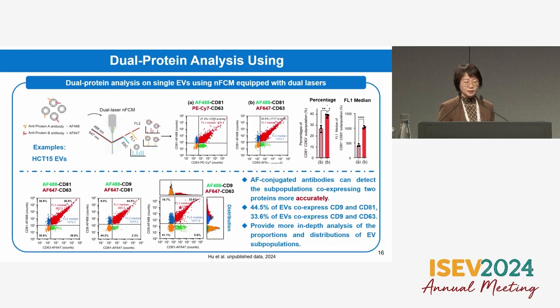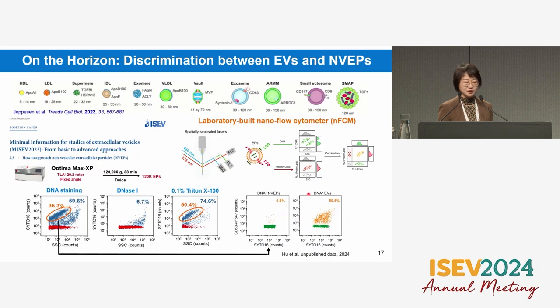So by using double labeling, you can get four different subpopulations. It's interesting to find that more EVs co-express CD9 along with CD81 compared with CD9 with CD63. So of course, double labeling provides more in-depth analysis of the EV populations.